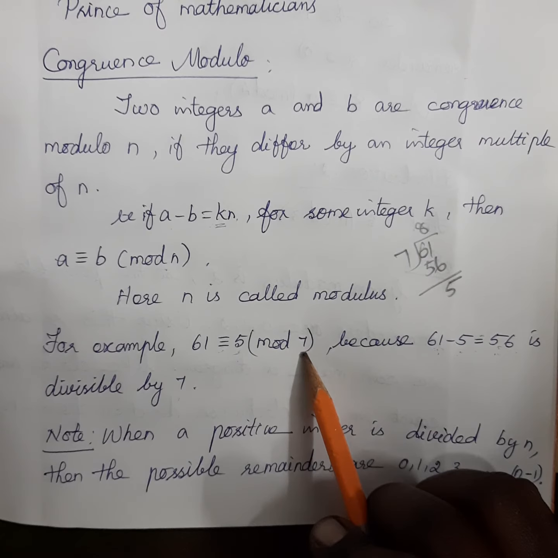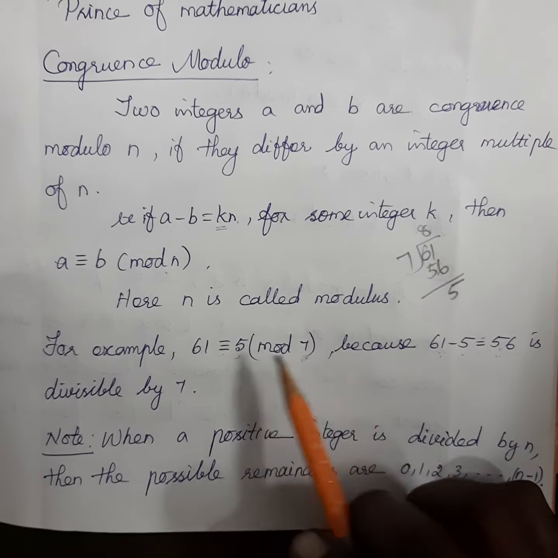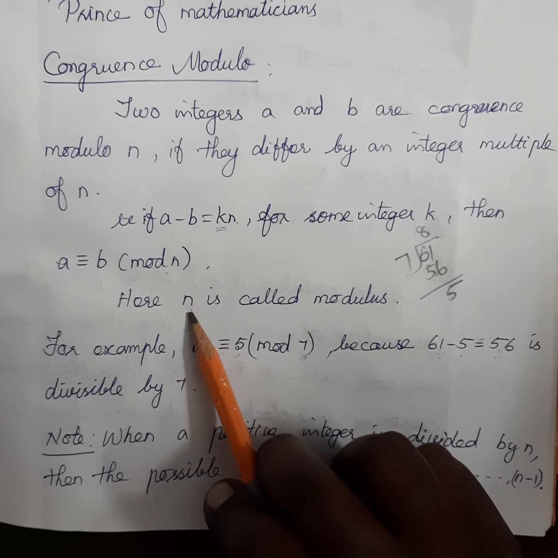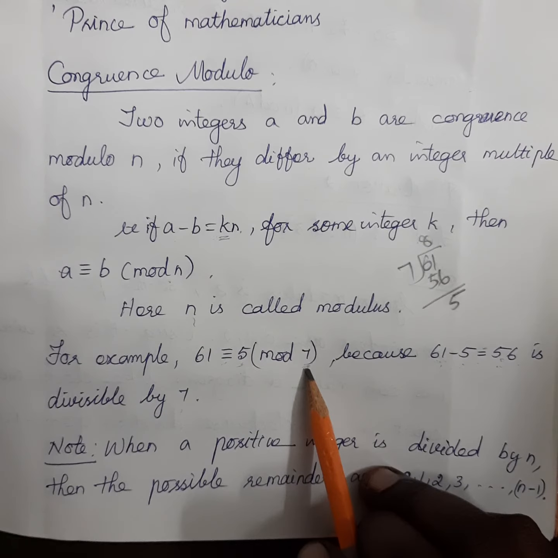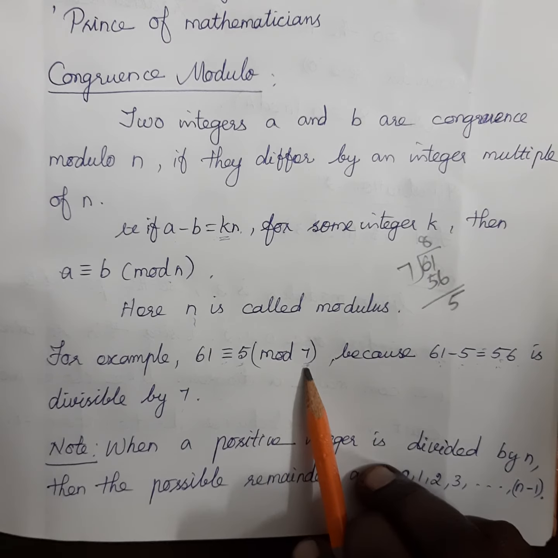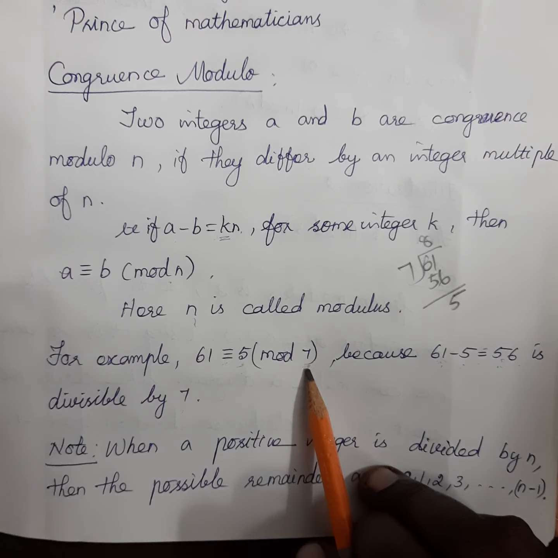Whenever you get 7 as the remainder, you consider it one multiple, so you will get the remainder 0 again. In this way you get it in rotation form. If the modulo is n, you get remainders up to n minus 1. If the modulo is 7, you can choose only from 0 to 6. Are you clear?